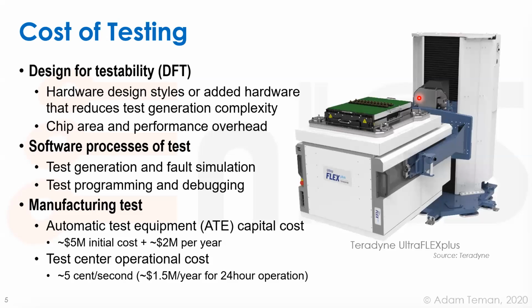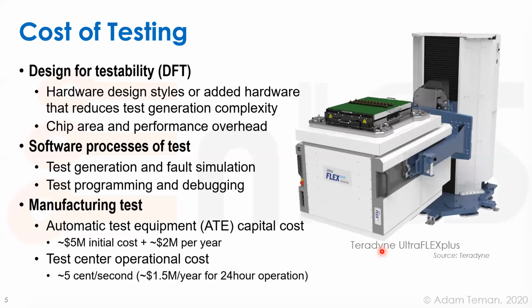So just to understand, these are numbers that I took from something really old, so basically 15 years ago, but I think they're good enough to understand. So if you take an automatic test equipment, an ATE, better known maybe as a tester, one of these big machines that runs the tests, it costs millions of dollars to buy, and it costs millions of dollars to maintain it.